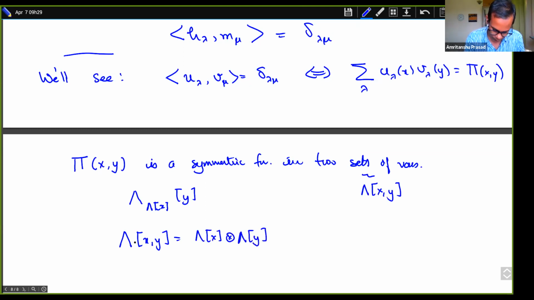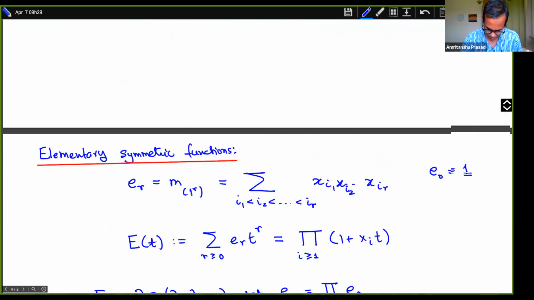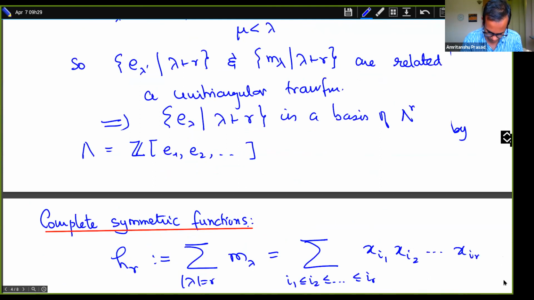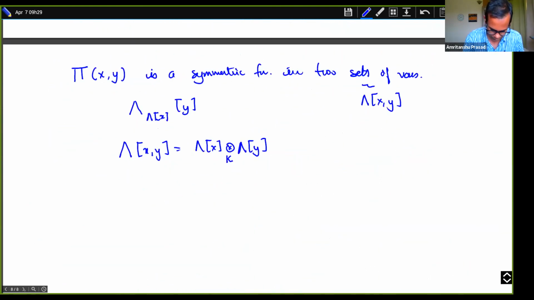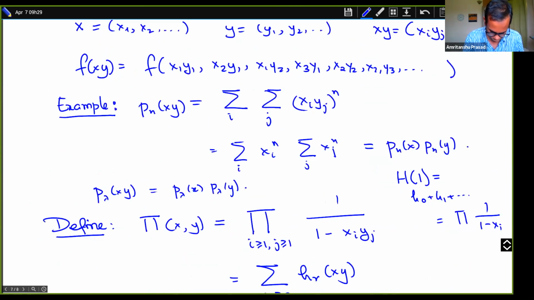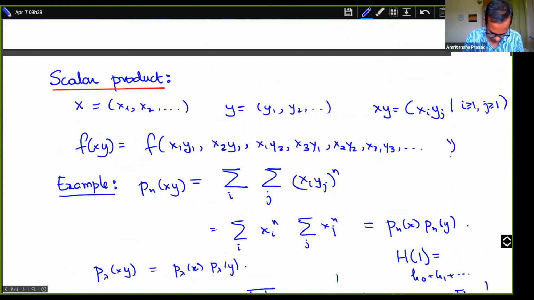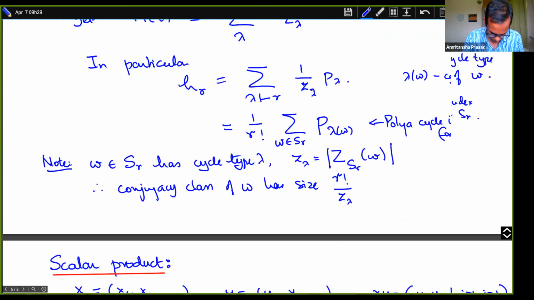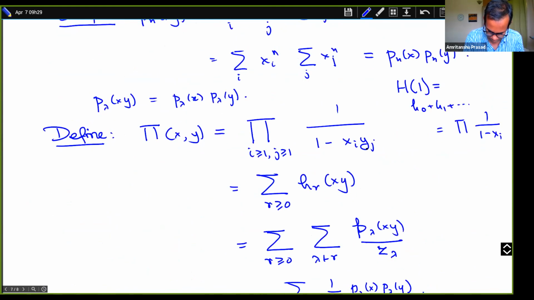So it's a tensor product of these two rings, a tensor product over the field K that we are working on, or the ring. Anyway, that's where we are working with these infinite products, this pi of xy. So here it's an infinite product in two sets of variables.